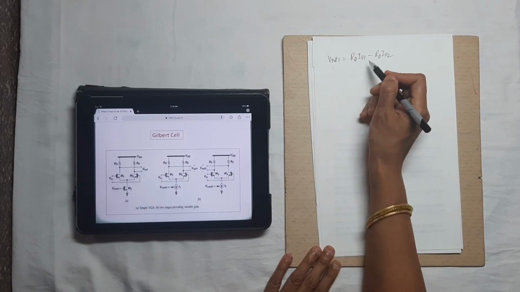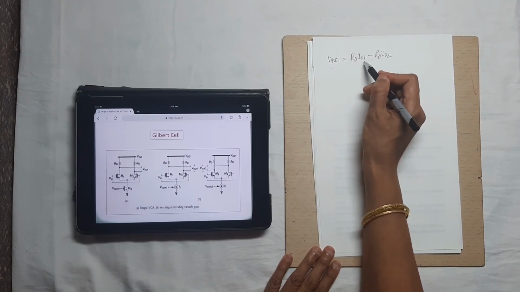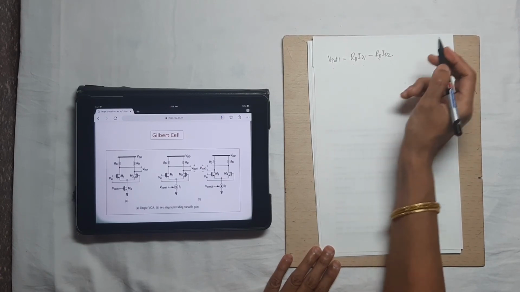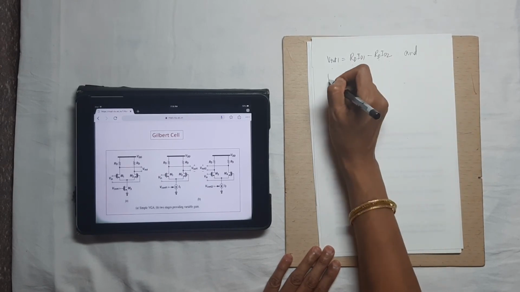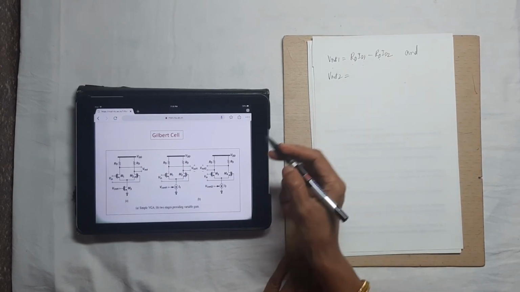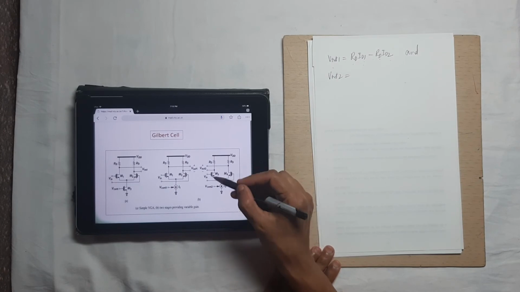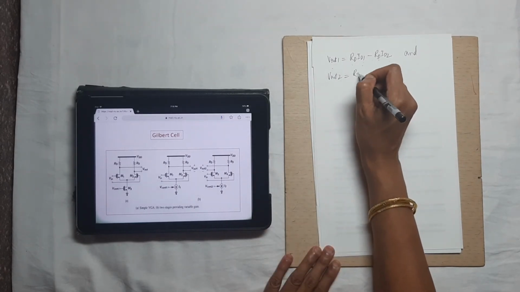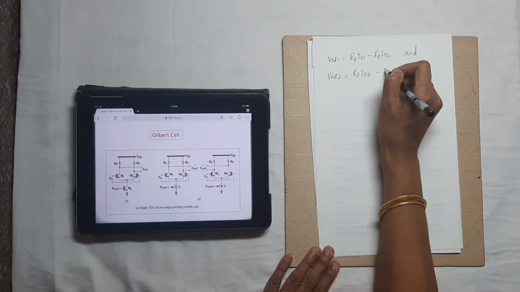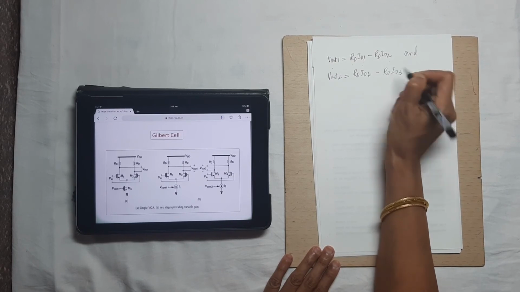And Vout2 can be written as RD into ID4 minus RD into ID3.